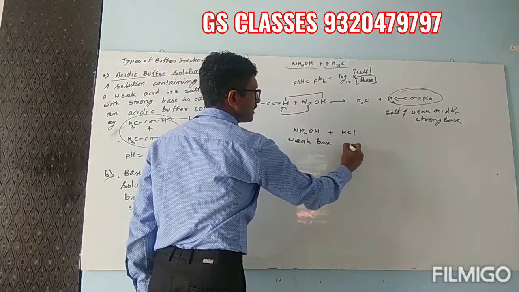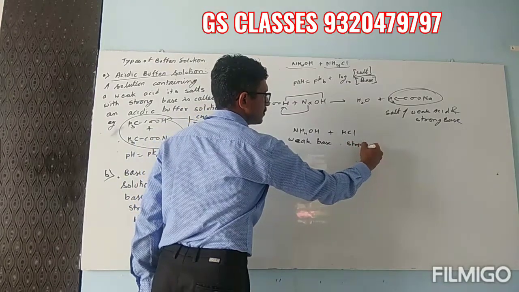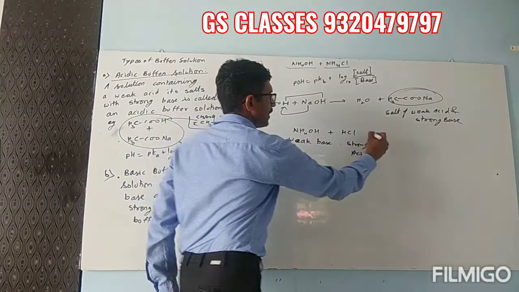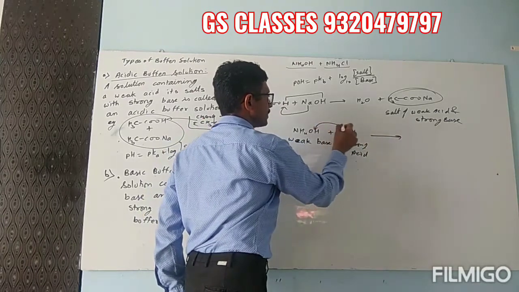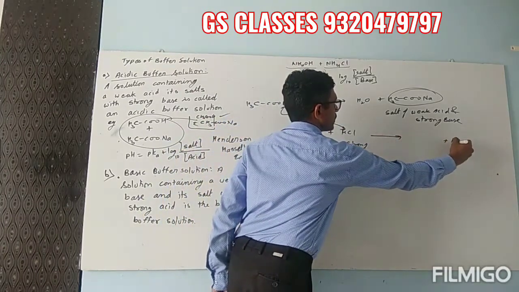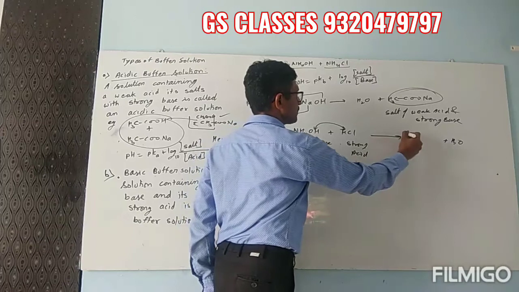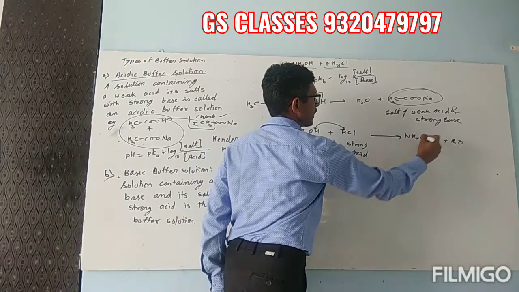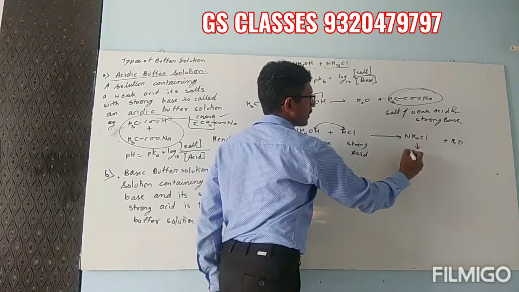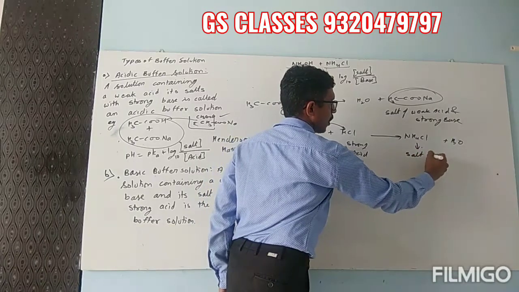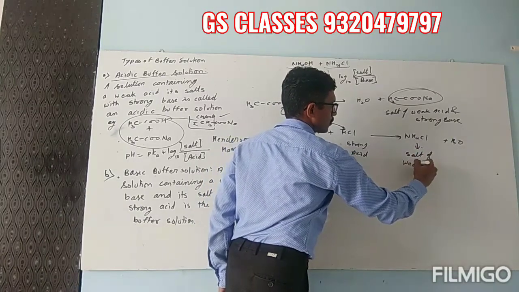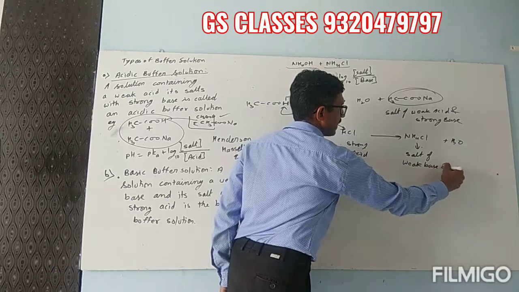If I add HCl, a strong acid, what will happen? H and OH will combine to form water. Chlorine will come to this place. I am getting ammonium chloride. So ammonium chloride is known as the salt of a weak base and strong acid.